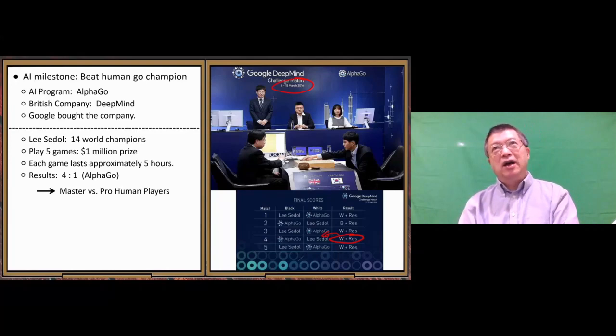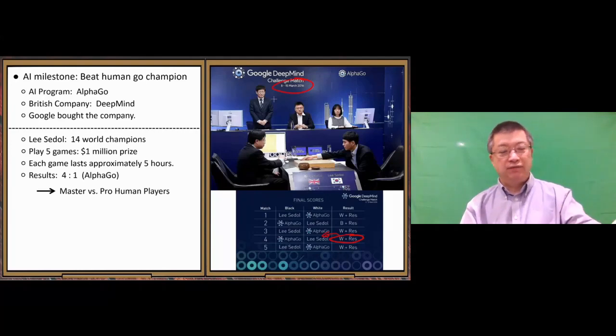Later, AlphaGo demonstrated its real power to the Go community. In that same year, around Christmas time, AlphaGo played professional human players on an online platform.